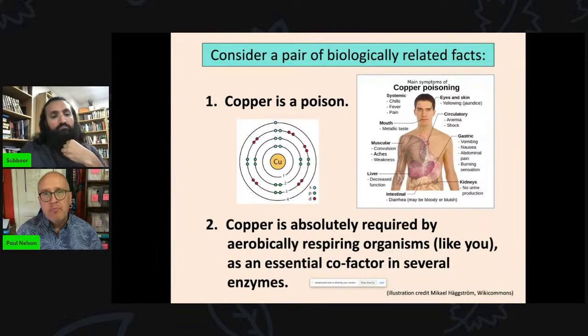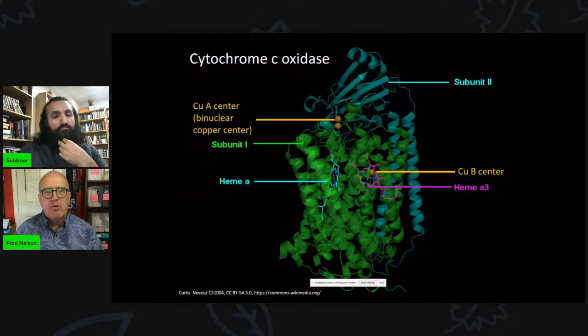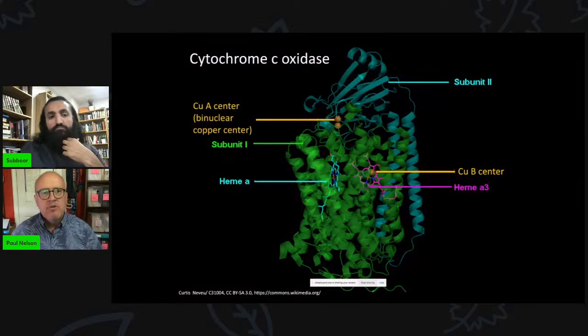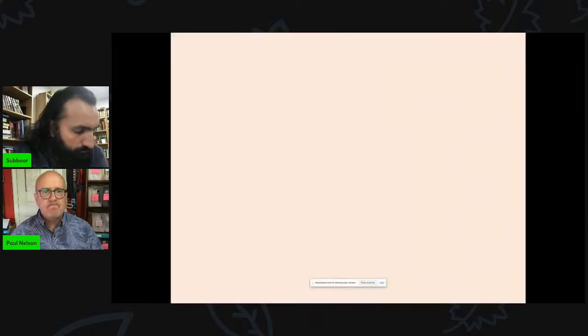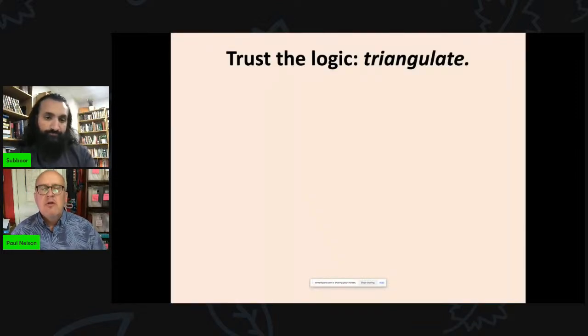You have to have a certain amount of copper in your diet. If you don't, these enzymes aren't going to function properly, because that metal is essential for the role of these enzymes. So here is cytochrome C oxidase, and you can see that there are copper atoms here. There's a copper atom here. That metal is essential for the function of this enzyme. All right, who can do this? Trust the logic, triangulate.